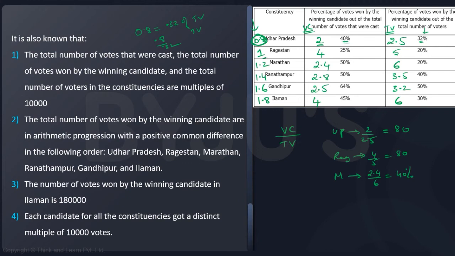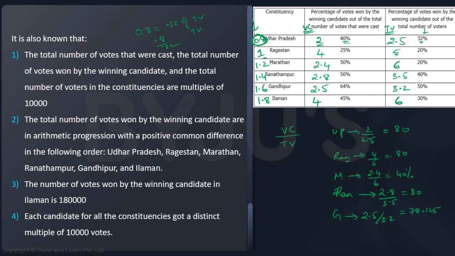Then the next one is Ranthambore, 2.8 by 3.5. So 7 goes into 3.5 five times, 4 by 5, which is again 80%. Then we have Gandhipur, 2.5 by 3.2. So 25 by 32 is 78.125.